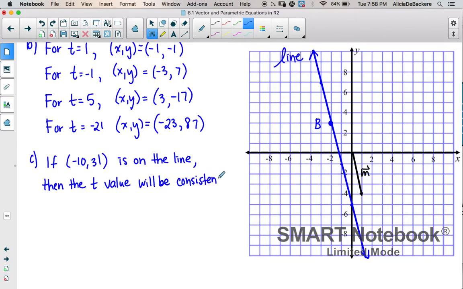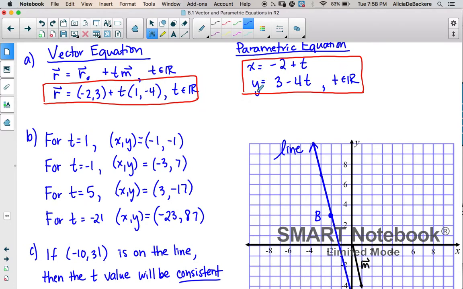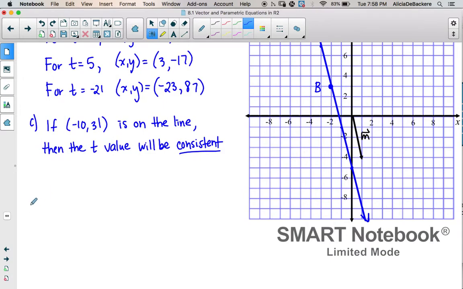And what that means is it's going to be the same t value for x as it is for y. So we're going to just plug these numbers into our parametric equations right here. I'm going to plug them in for the x and the y. I'm going to solve for t, and if I get the same number, then the point's on the line. And if I get 2 different t values, then the point is not on the line. Okay, so we're subbing it in.